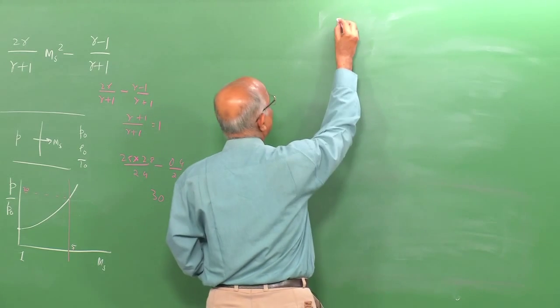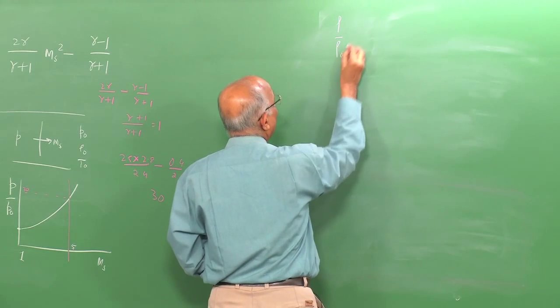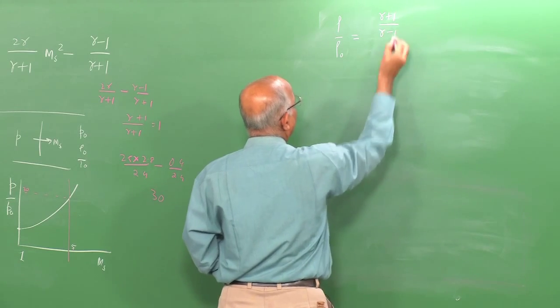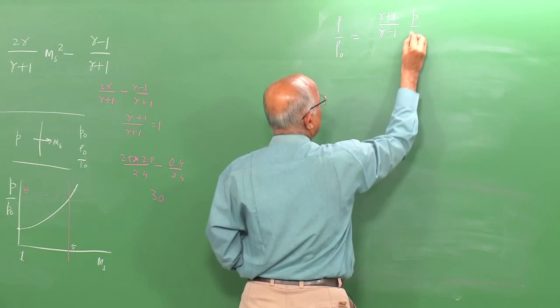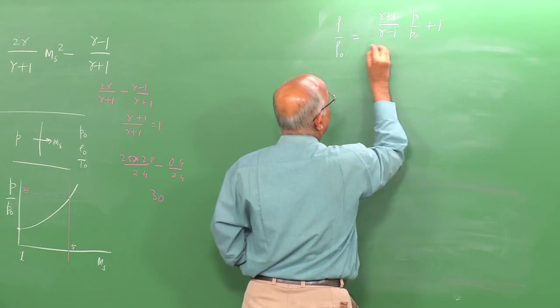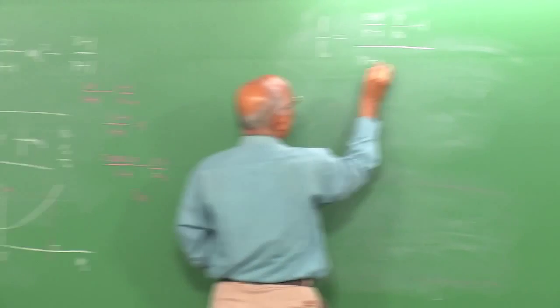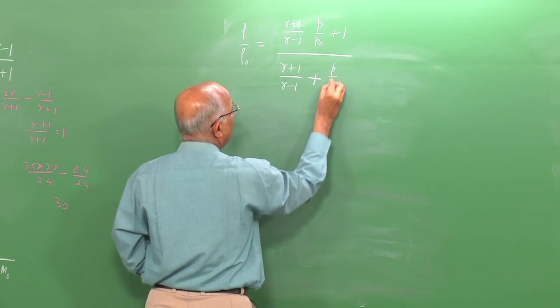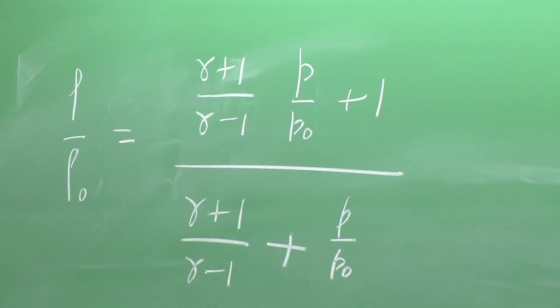Please go back, let us check it. Rho by rho 0 was equal to gamma plus 1 divided by gamma minus 1 into P by P0 plus 1, divided by gamma plus 1 divided by gamma minus 1 plus P by P0. This was the expression which we got.